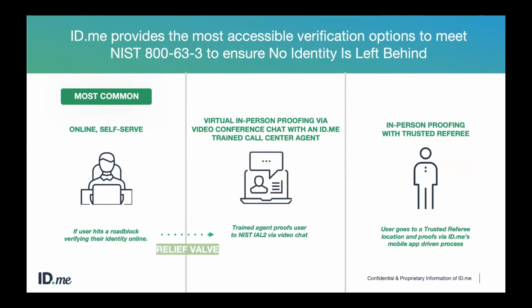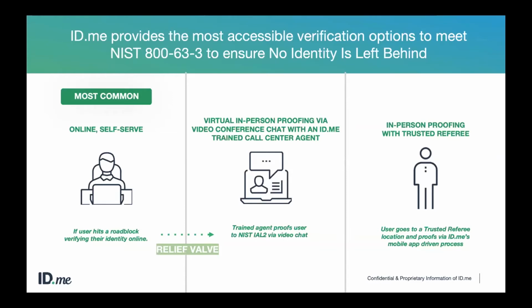The first is that we're a credential provider, so we have multiple authoritative data sources built into our solution. For instance, if someone has recently changed their last name, been married, and it hasn't updated with the credit bureaus, if it fails through our first credit bureau ping, it'll automatically fall over to our second authoritative data source to ensure the highest level of success for the self-service flow.